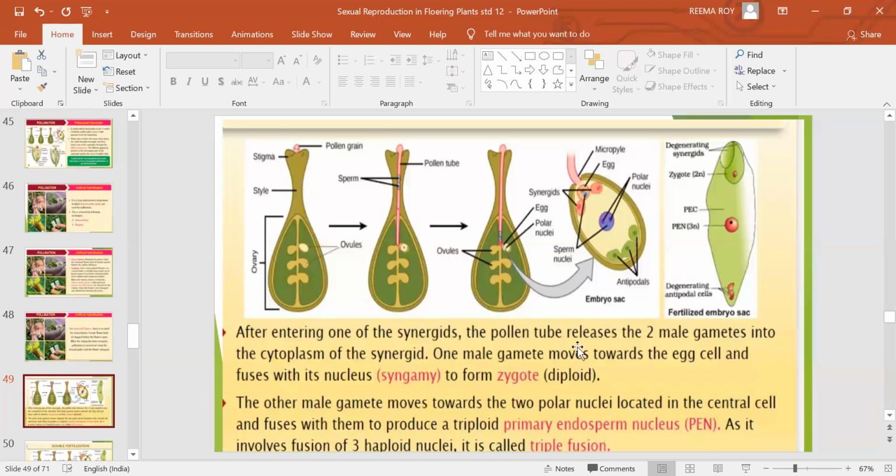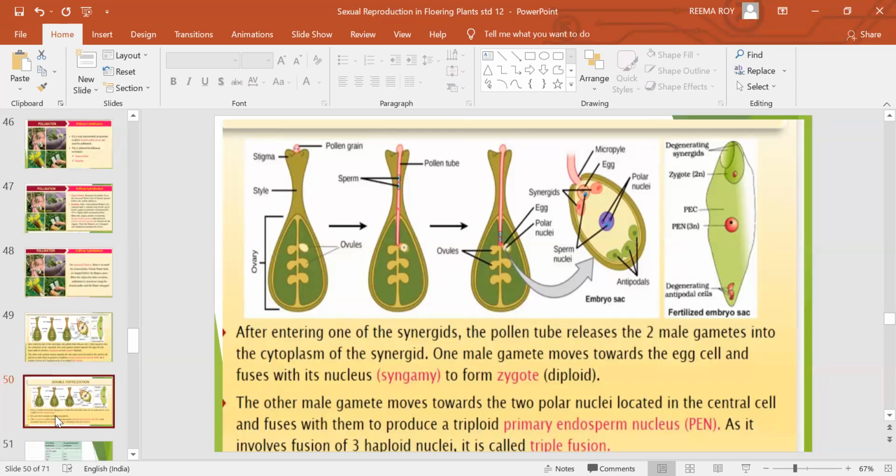The pollen tube releases two male gametes into the cytoplasm of the synergid. One male gamete moves towards the egg cell and fuses with its nucleus to form what? Zygote, that is diploid. And the other male gamete moves towards the two polar nuclei located in the central cell and fuses to produce a triploid primary endosperm nucleus, PEN.